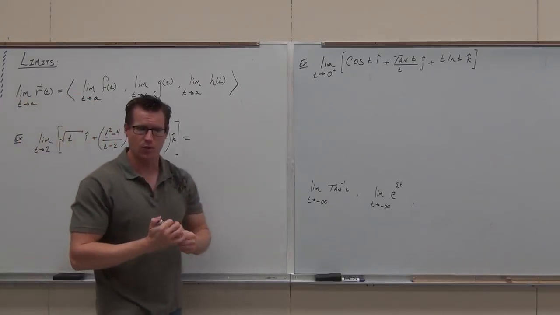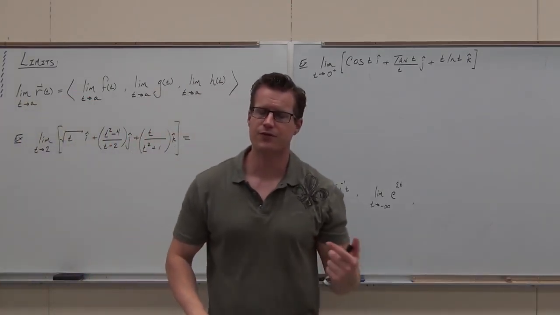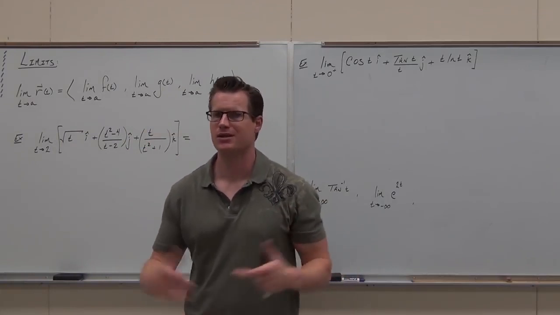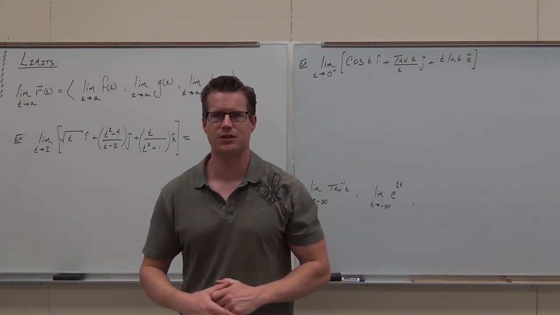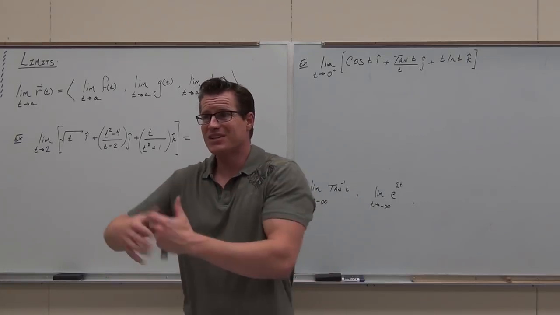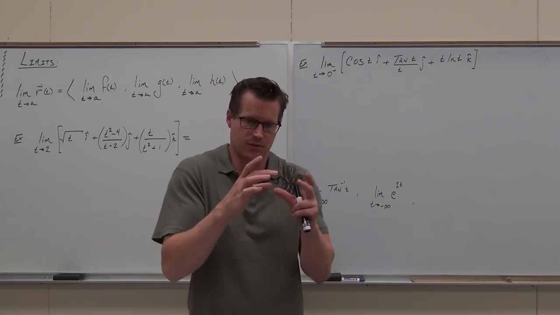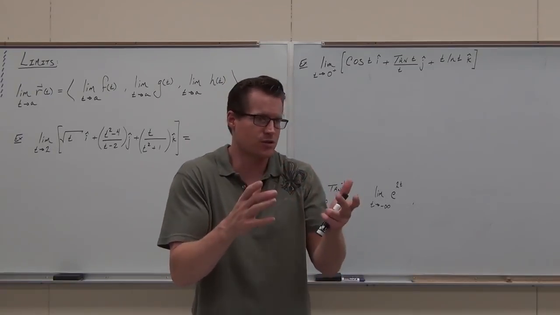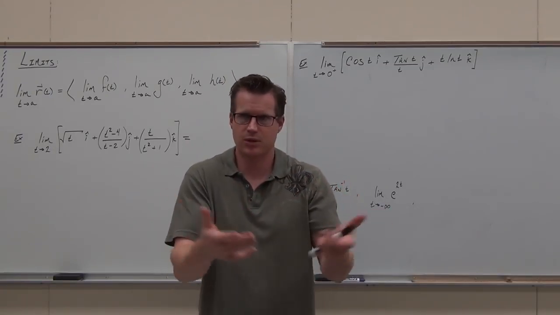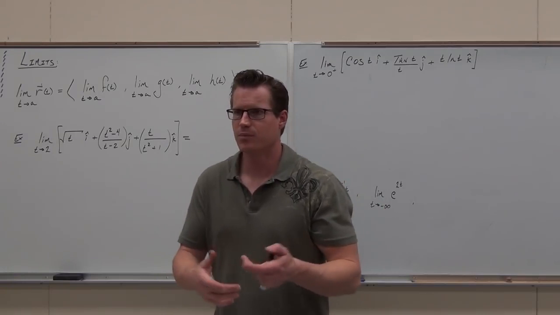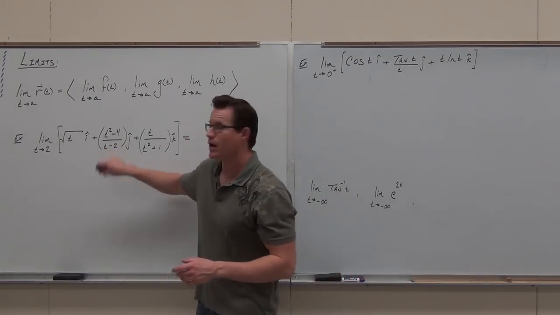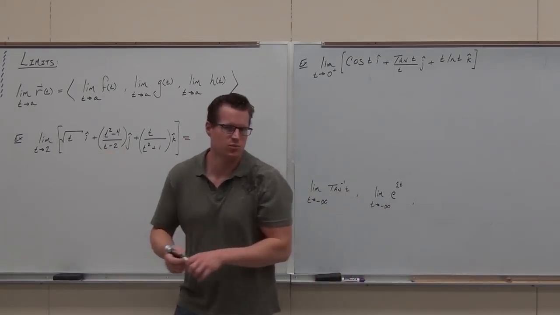And if you were in my Calc 1 or Calc 2 class, you know the very first thing you do with limits every single time is plug the number in, man. That's the first thing you do because dealing with continuity, if it's continuous, the limit has to exist, and the value of the limit has to be the value of the function. So if we have something that's continuous, plug the number in. Works every time. The only place it doesn't work is when we're not continuous, and then you have some other tricks, things that you do.